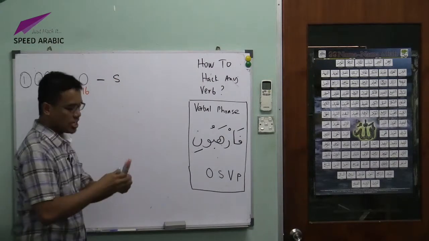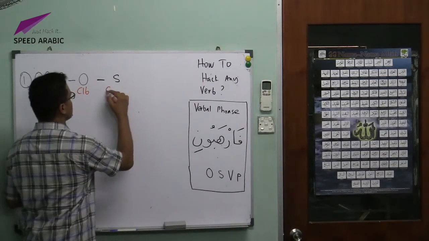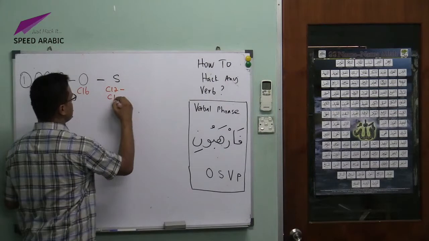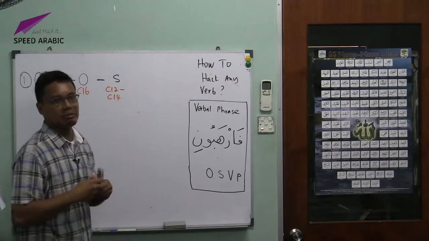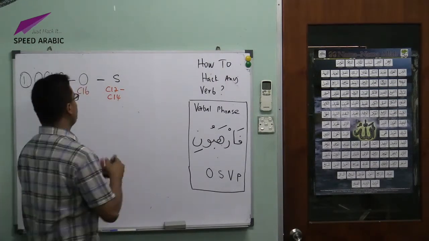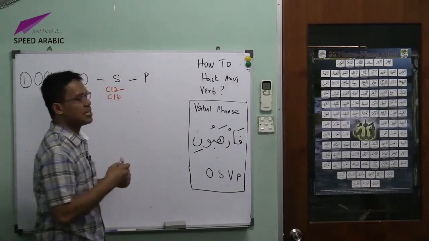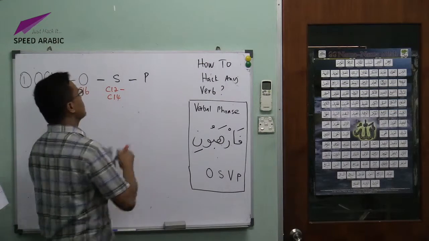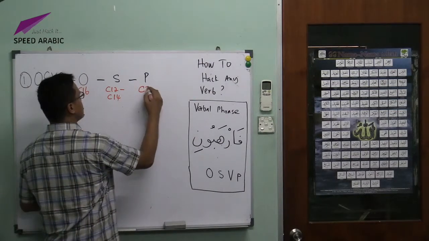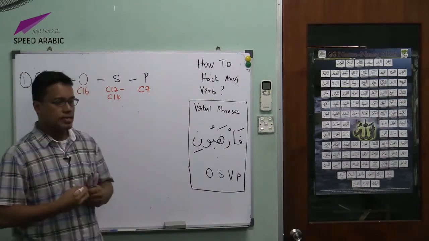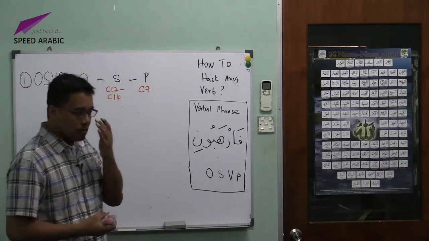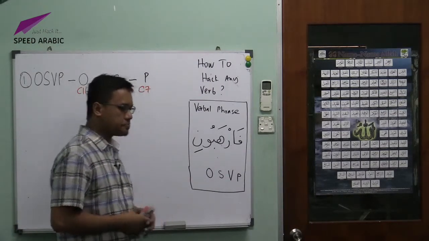subject, which is in columns C12 to C14 depending on the tense, and then you minus the particle, which is in column 7, right? Which is in column 7.